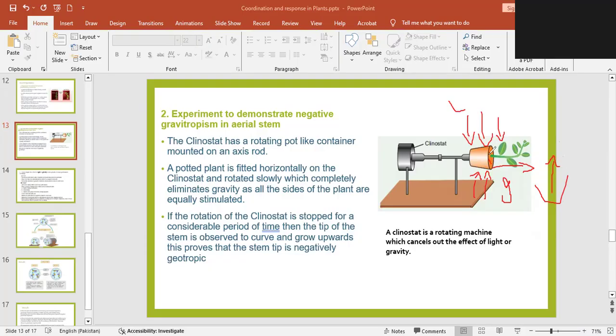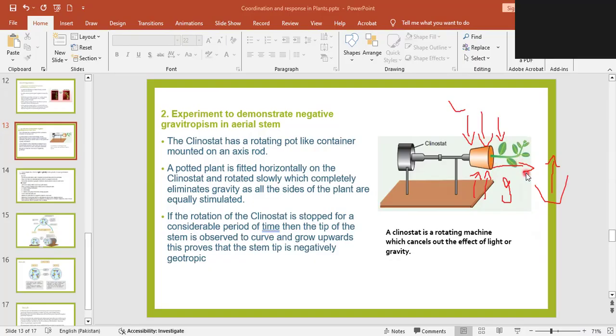You can see this area is particularly growing in a straight direction. However, this one is showing something different. Why is it showing something different? Let's see what our investigation is telling us. If the rotation of the clinostat is stopped for a considerable period of time, like 2 days, 3 days, it's not rotating anymore.